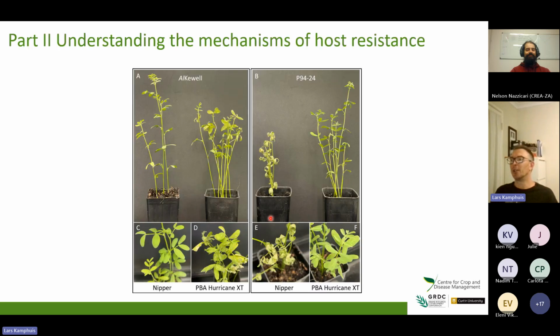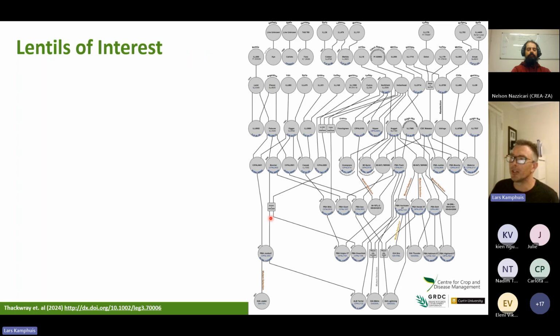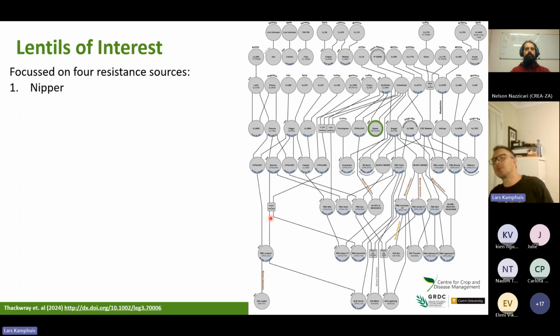So that was the pathogen side. But what about the host side of the interaction? So we're focused on 4 different resistance sources. So obviously our favorite 2 in Nipah, indicated in green there, PBA Hurricane.